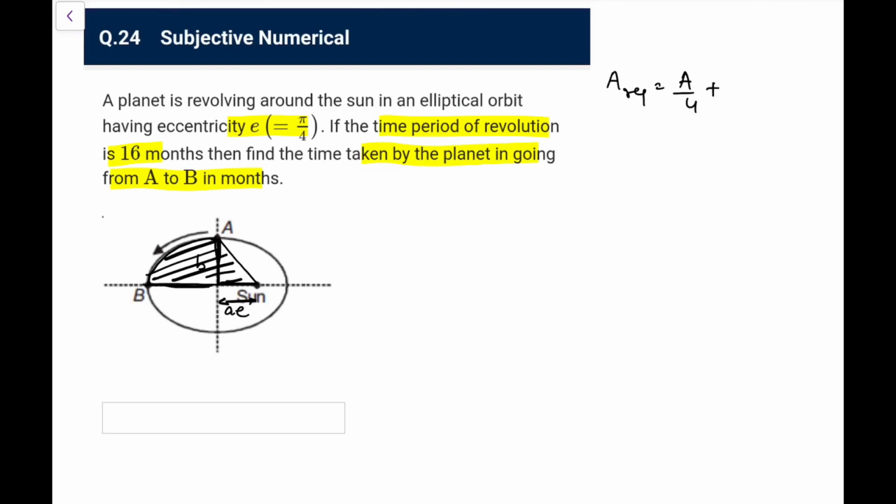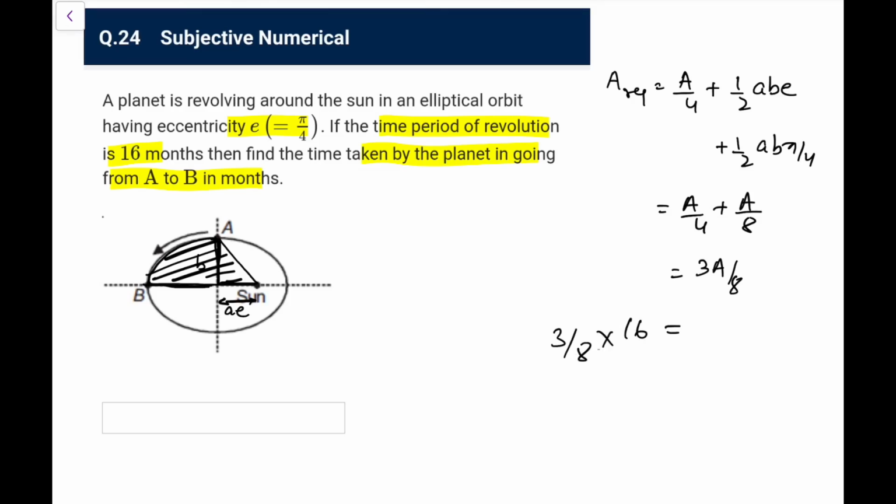So the triangle's area is half times AB into e, which is half times AB times pi/4, and you know pi AB is the total area, so that is A/4 plus A/8, which is 3A/8. So the time taken would be 3/8 of the period, that is 16 months, so 2 into 3, that is 6 months in this case.